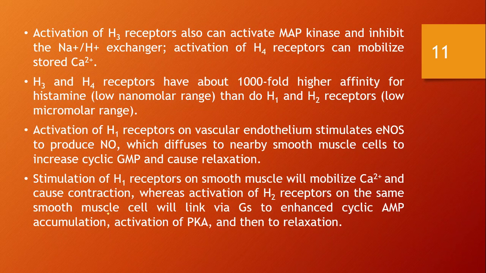Stimulation of the H1 receptor on smooth muscle will mobilize the calcium, and thus it causes contraction. Whereas activation of H2 receptor on the same smooth muscle will link via Gs protein to enhance the cyclic AMP accumulation, activation of PKA, and then it will lead to relaxation.